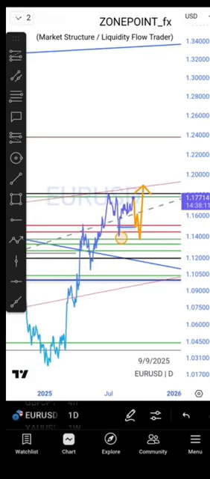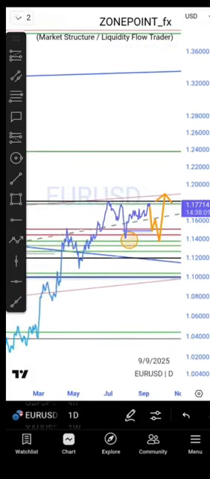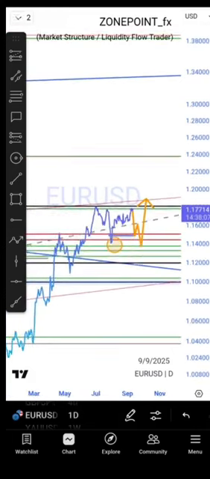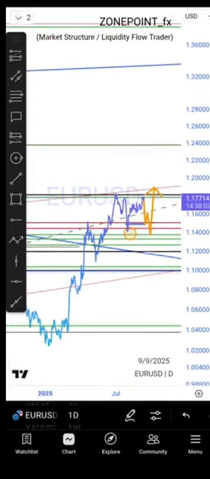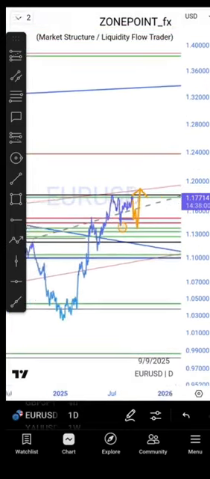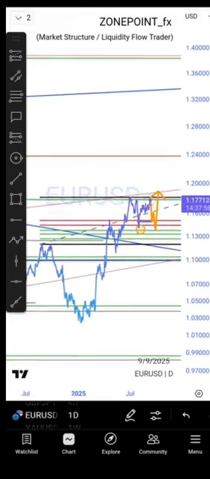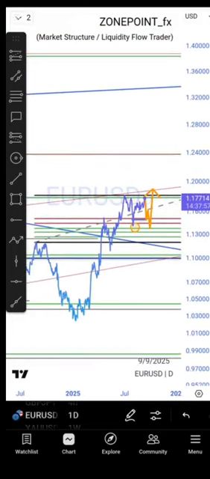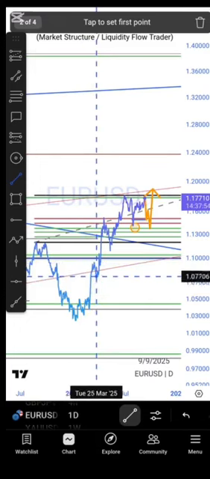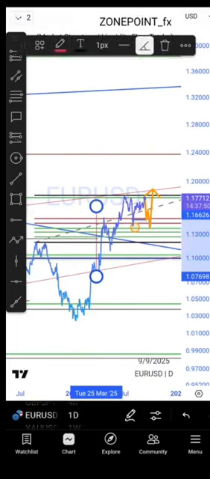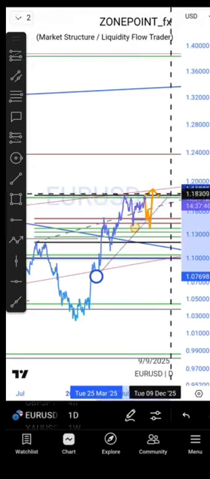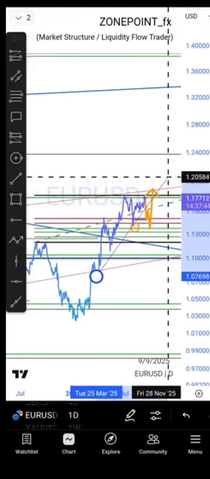But you can see my 1 day is already giving me a trend line. The trend line is this. Sorry, change this to black. The trend line is this.